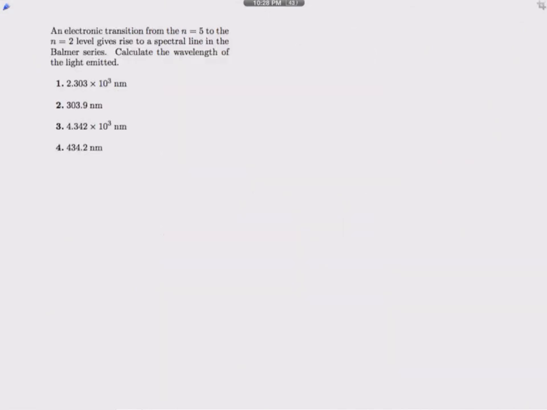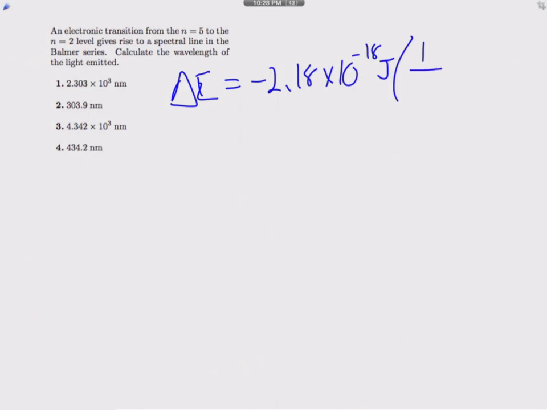Okay, we have to calculate the wavelength of light emitted during a transition. So this is very similar to the example I was giving you a couple of minutes ago. So first we're going to do the Rydberg equation. We have change in energy equal to negative 2.18 times 10 to the negative 18th joules times, we're going to a final of 2 squared minus 5 squared.